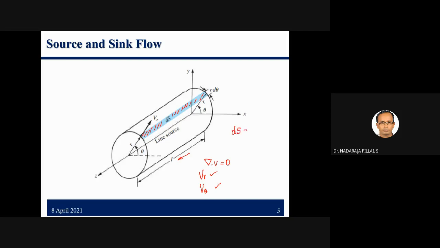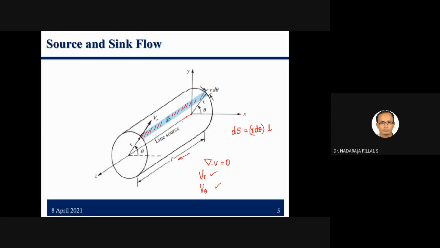What is this area ds? It is r d theta multiplied by this length L. Here we have a line source, not a point source, so from every point along the length you have a source. It will be like a three-dimensional imagination.